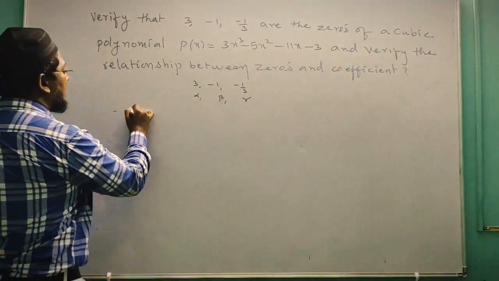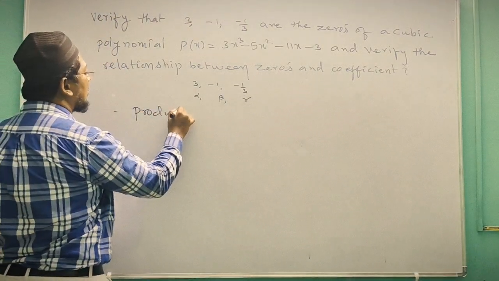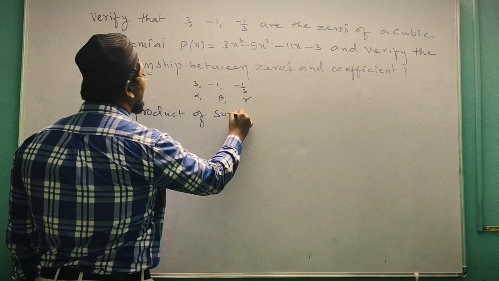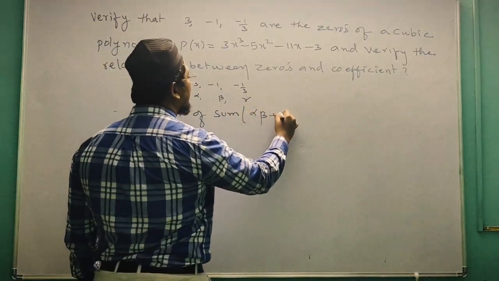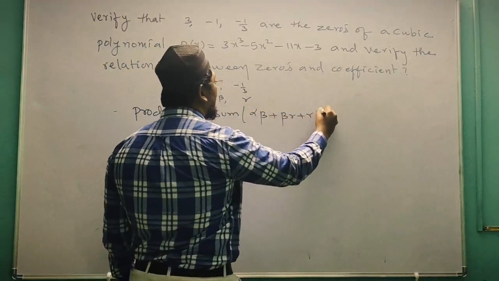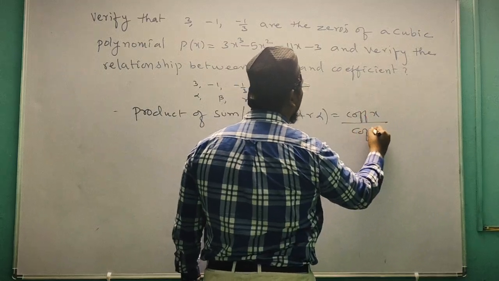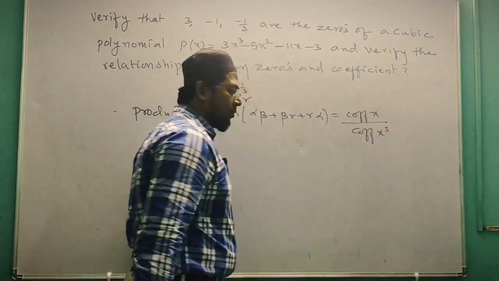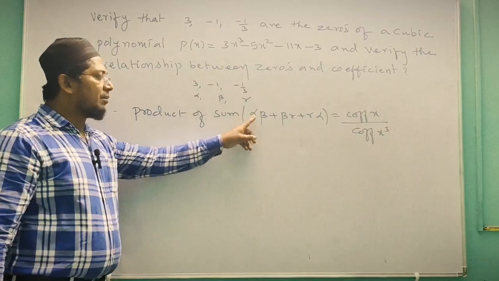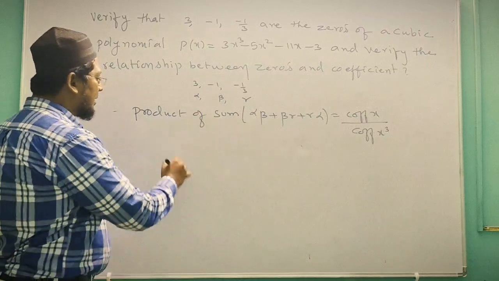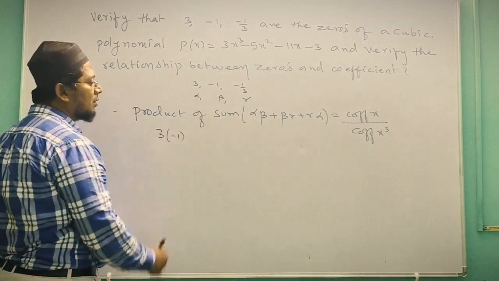Product of sum is alpha beta plus beta gamma plus gamma alpha is equal to coefficient of x upon coefficient of x cube. Alpha beta, multiply first, second, okay, 3 into minus 1.